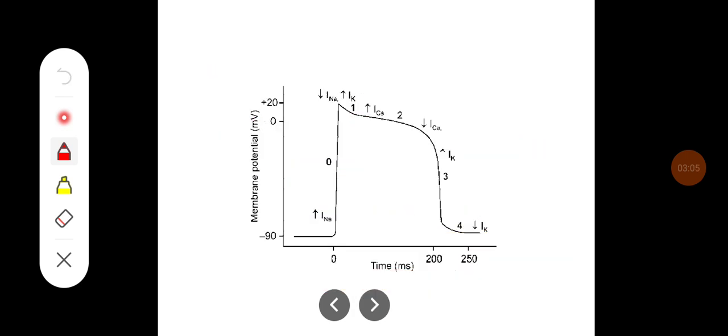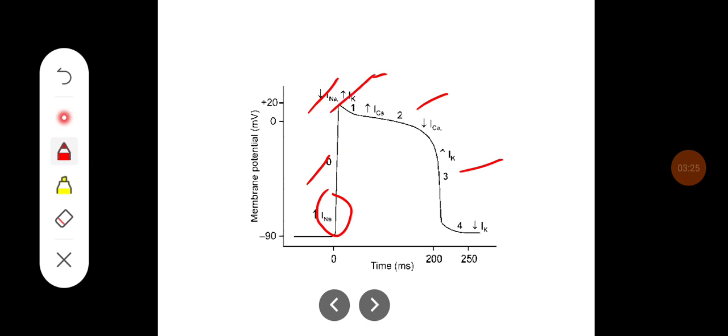So these are the different phases of a fast action potential: phase 0, phase 1, phase 2, phase 3 and phase 4. Phase 0 is mainly because of the influx of the sodium, and phase 1 is mainly because of the closure of sodium channels and opening of the potassium channels.